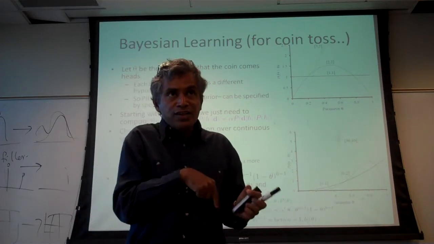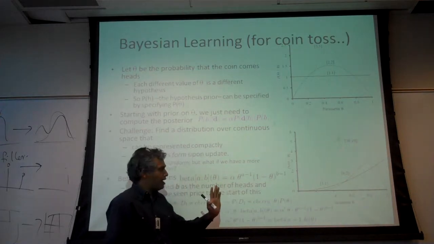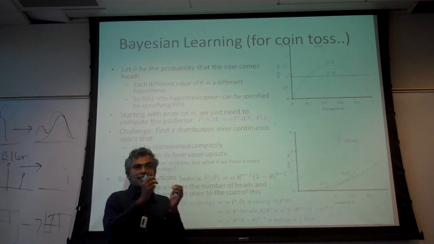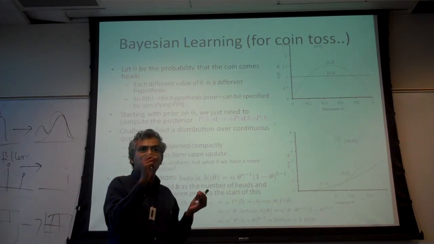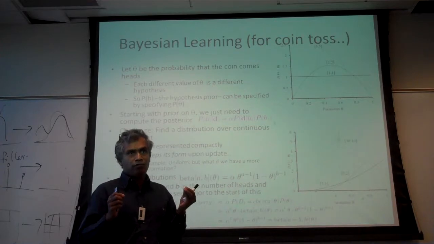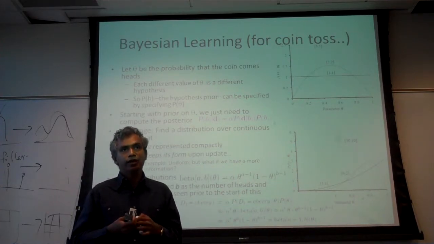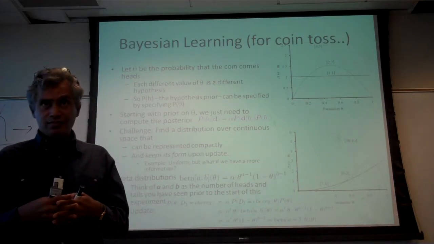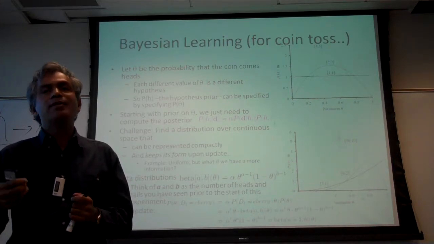You can differentiate it here, because a million-and-first head after having seen 3 million tosses would be A and B such that A plus B equals 3 million, and now you're going to change A by just 1. So the distribution doesn't change that much. Whereas if A and B were small to begin with, then one value can have a bigger impact.